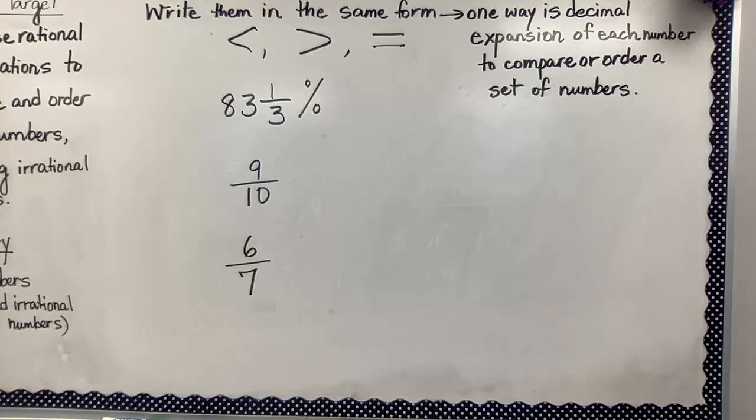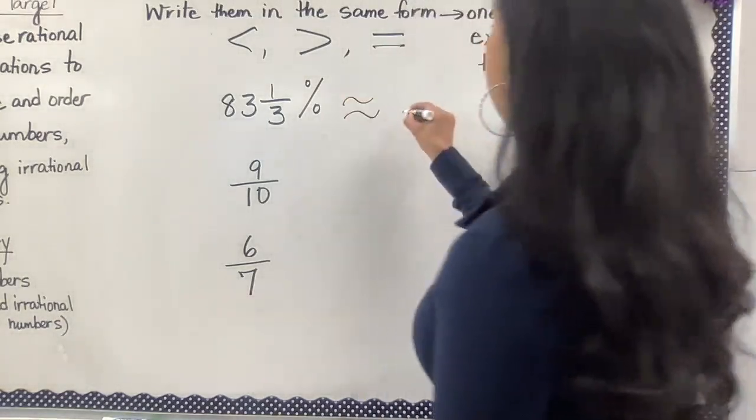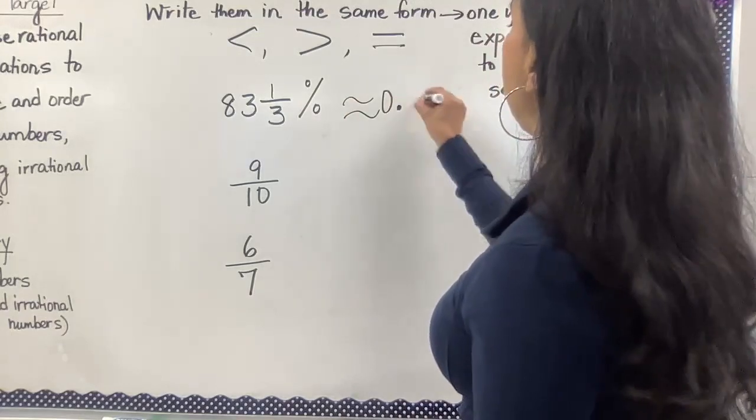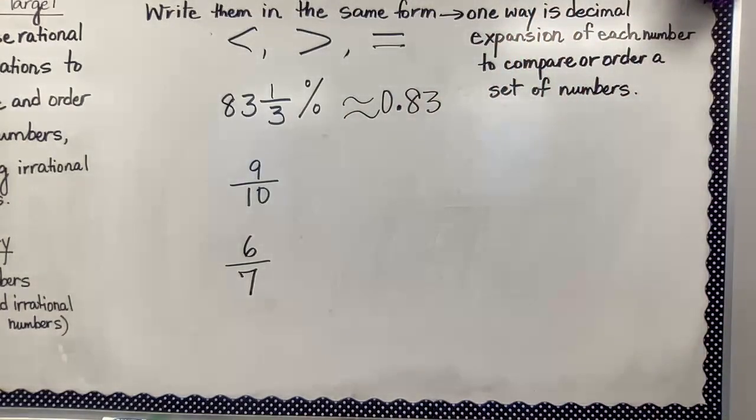Okay, so we are going to change these percentages and fractions to decimals in the same format. If I look at 83 and 1/3%, this is going to be approximately 0.83.